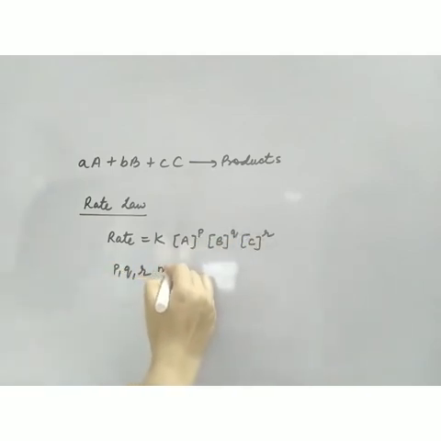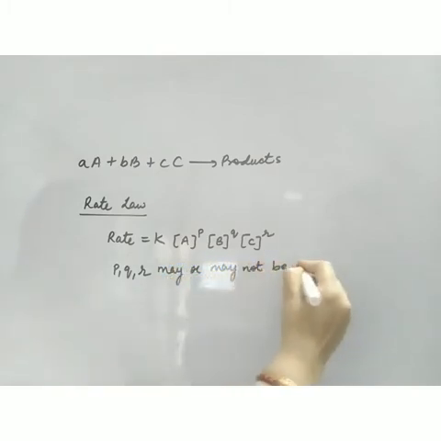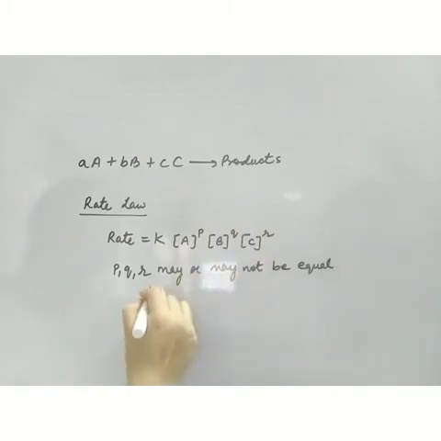The p, q and r may or may not be equal to a, b and c. It means that in the rate law, whatever power comes on the concentration term, it can be equal to the stoichiometric coefficient or it may not be. This we can find out only experimentally.